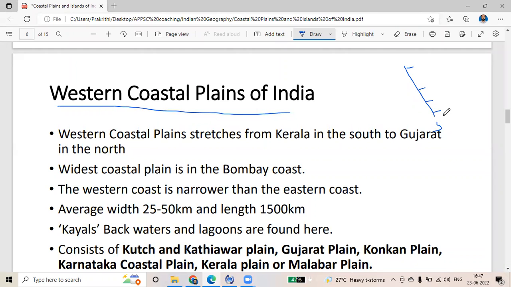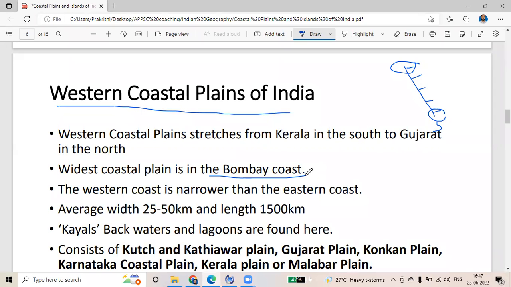So it stretches from Kerala to Gujarat: Kerala, Karnataka, Goa, Maharashtra, and Gujarat. So it stretches from the Kerala coast to the Gujarat coast. And the widest coast, we can say, is the Bombay coast.